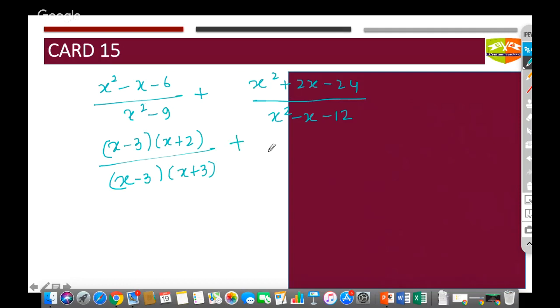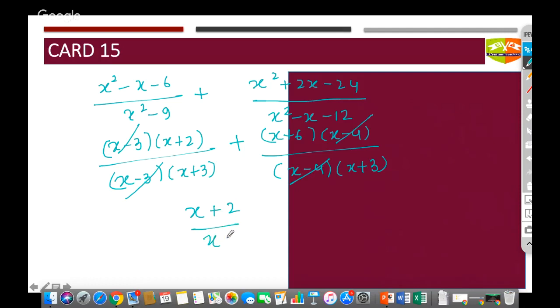And this is nothing but x plus 6 times x minus 4. And this is nothing but x minus 4 times x plus 3. So here x minus 4 is gone, and here x minus 3 is gone. So what I get is x plus 2 divided by x plus 3, and here I get x plus 6 divided by x plus 3.